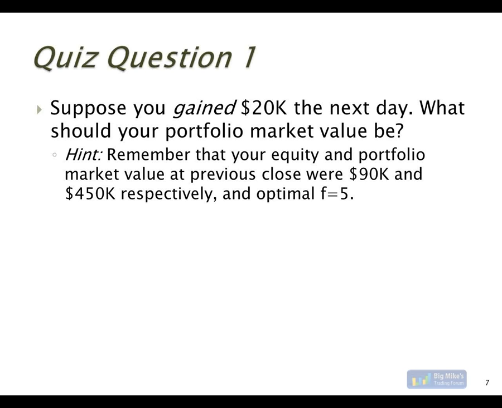I said that we lost $10,000 in one day, so the equity was reduced to $90,000, and the portfolio market value was reduced to $490,000. After carefully rebalancing, we reduced the portfolio market value to $450,000. That was what happened at the end of the previous day after rebalancing.